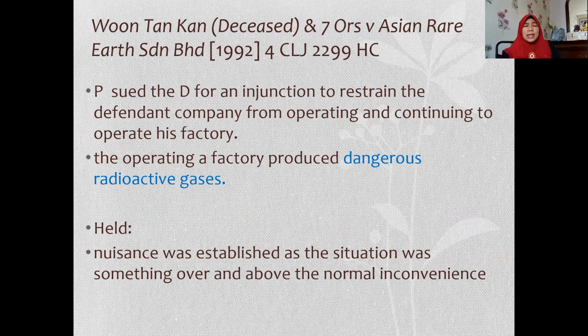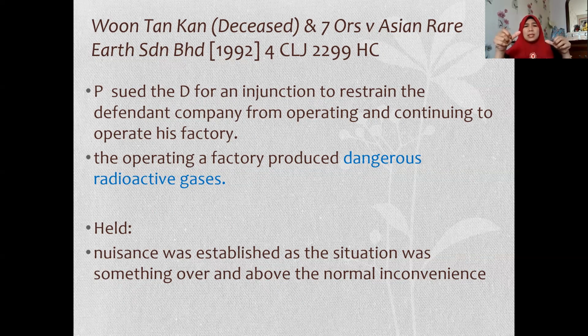Okay, let's have a look at a local case. Woon Tan Kan, the deceased, and 7 others, and Asian Rare Earth Sdn Bhd here. So the plaintiffs sued the defendant for an injunction to restrain the defendant company from operating and continuing to operate its factory. So now a number of plaintiffs are suing the factory operator. The factory produced dangerous radioactive gases.